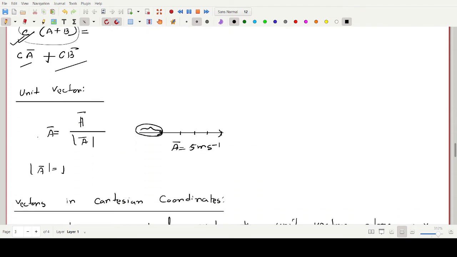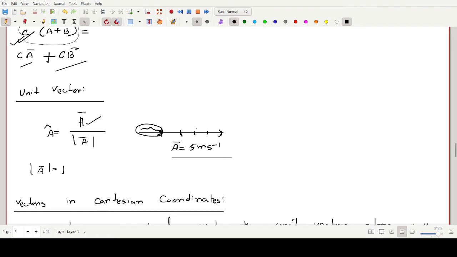Now, unit vector. What is a unit vector? Say we have a vector a. If we divide vector a by the magnitude of a, then we get a unit vector in the direction of a whose magnitude is 1. Let's say a represents a velocity and a equals 5 meters per second.